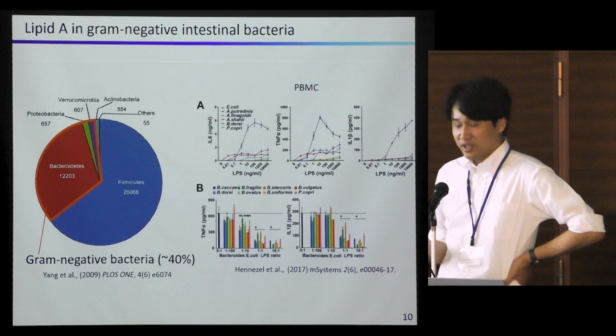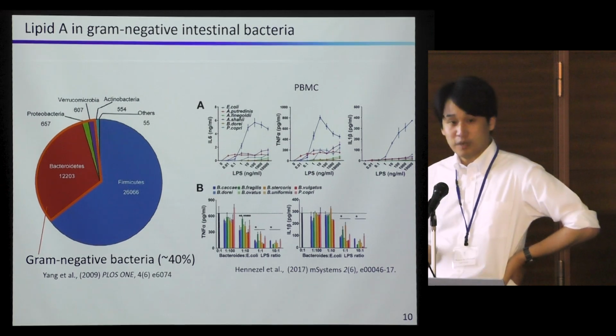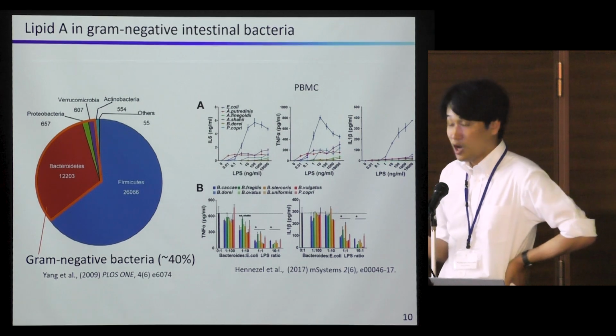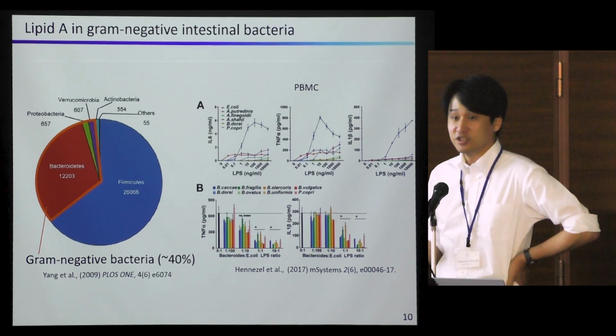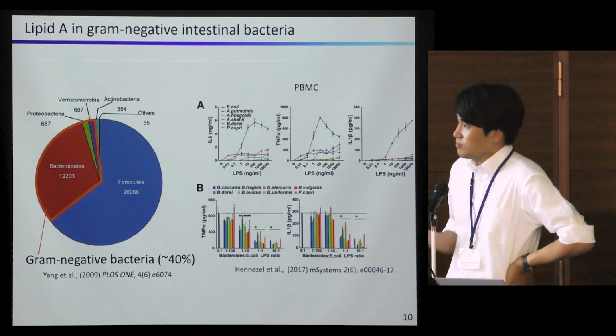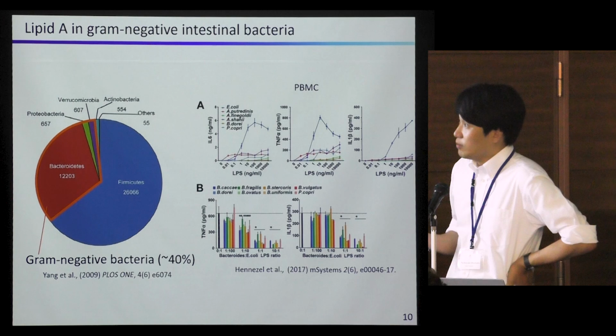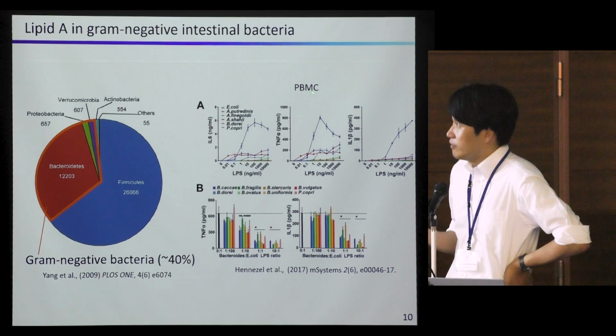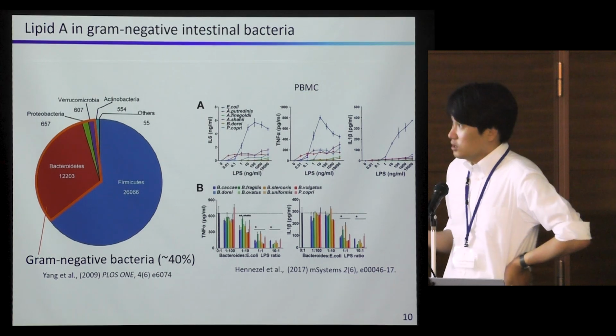But actually, there are many gram-negative bacteria in our gut. So why doesn't inflammation happen in the steady-state condition? Previous studies show that Bacteroidetes-derived LPS didn't induce inflammatory cytokine expression in PBMC, peripheral blood mononuclear cells.